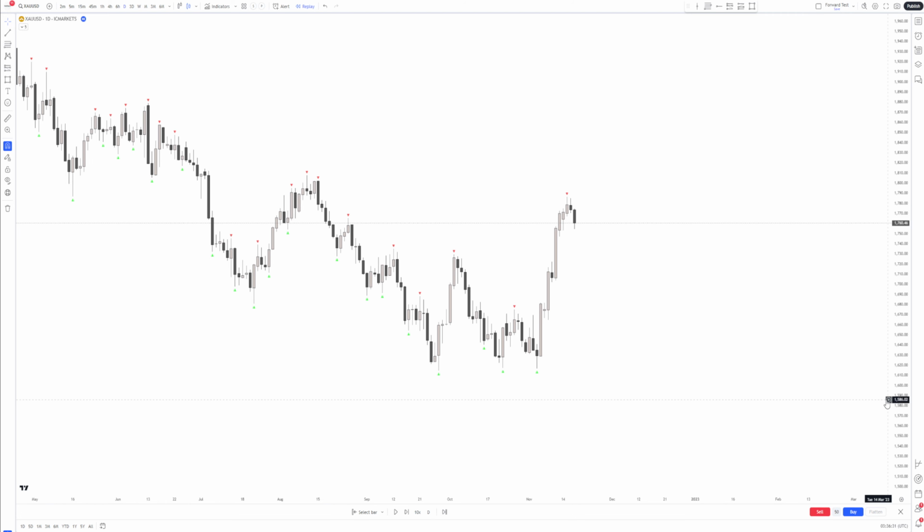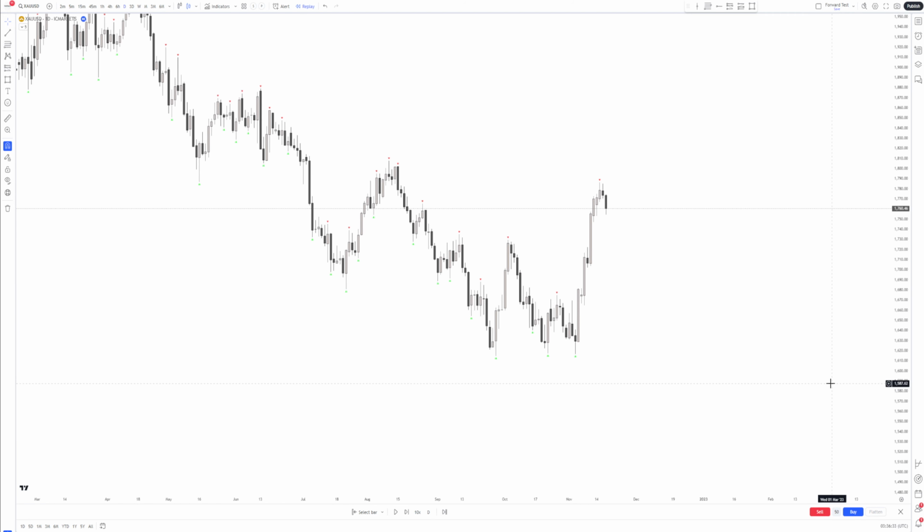Okay, so what now? What happens here? We will look at potentially marking out some new support resistance zones. This specific area, you can see it's already been used, so it's probably unlikely that price will hold the area, so I'm not going to trade into that area.